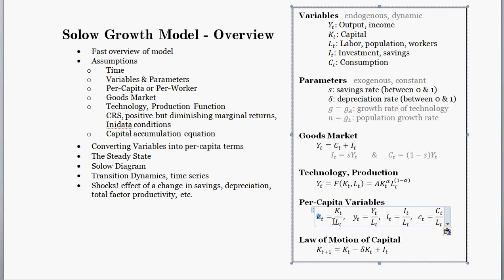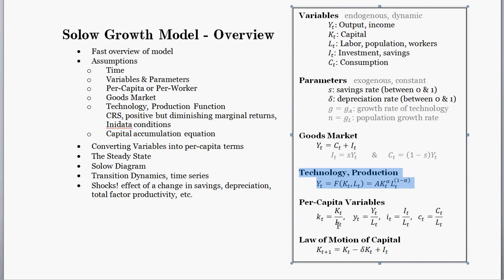So there's an aggregate value, and you divide that by the labor force. So per capita capital is aggregate capital divided by the labor force. Per capita output is aggregate output or income divided by the labor force. Per capita investment is aggregate total investment divided by the workforce population. And then per capita consumption is total consumption divided by the workforce.